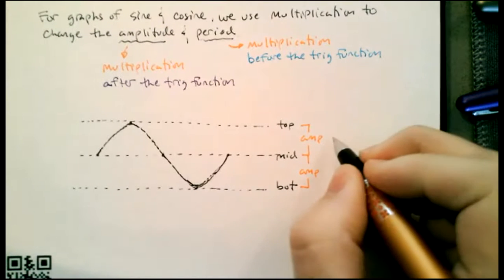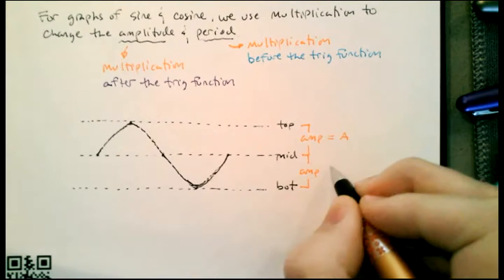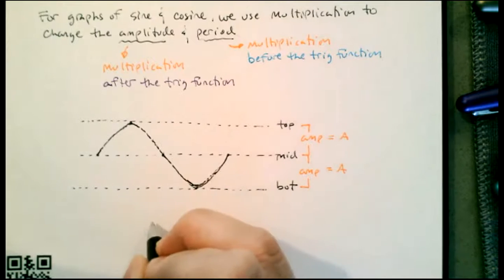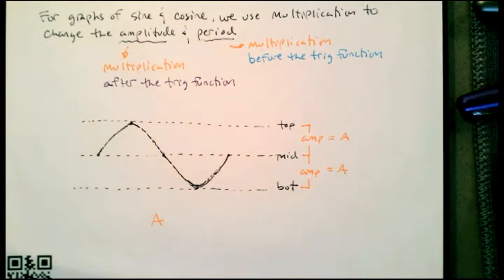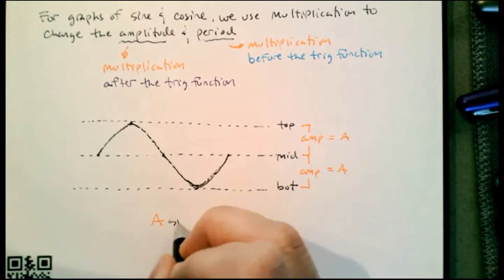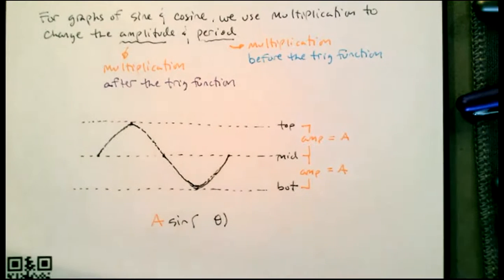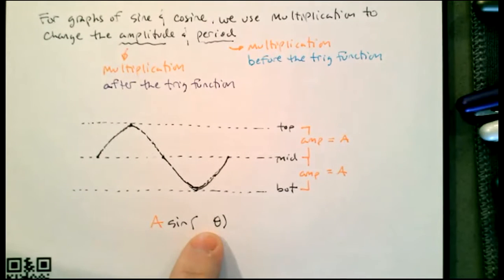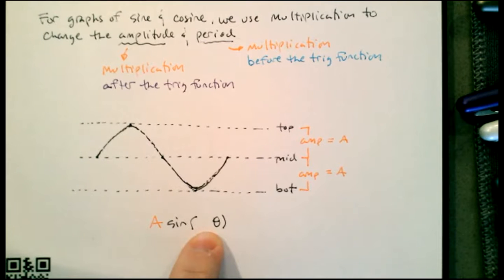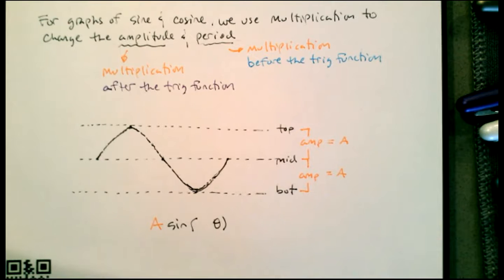So if the amplitude is some value, let's say a, then I'm going to multiply the sine after. It's multiplication after the trig function. Notice I left this conspicuous big space here. That's because that's multiplication before the trig function. And so that's going to produce a horizontal change.